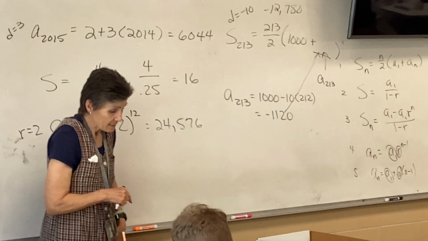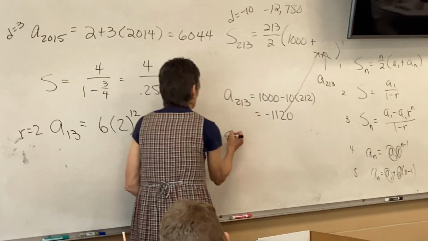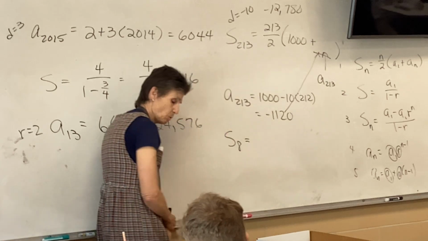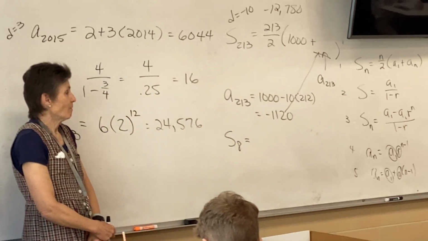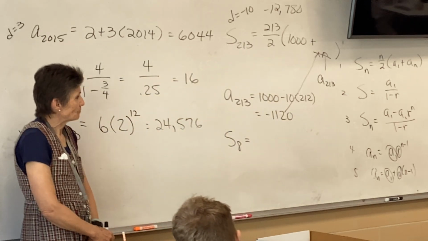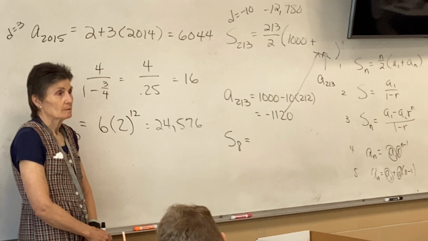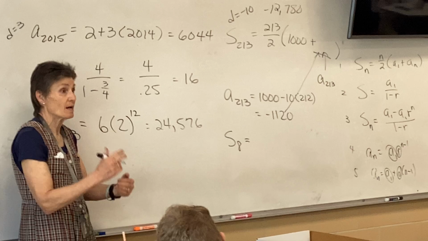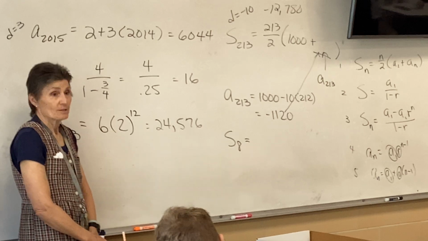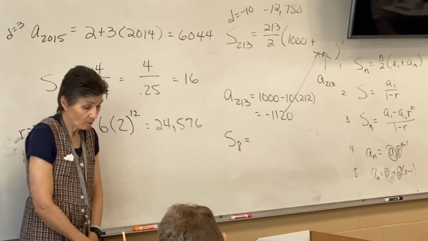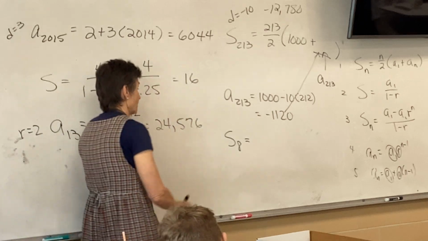All right, E, find S sub 8. Look at the sequence. What formula? S sub 8. Number 3. Why is it 3? First is S sub. It is geometric with a ratio of 3.